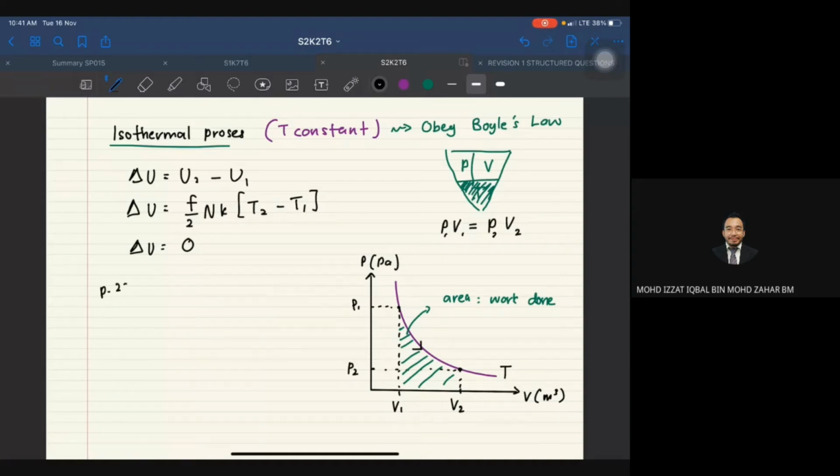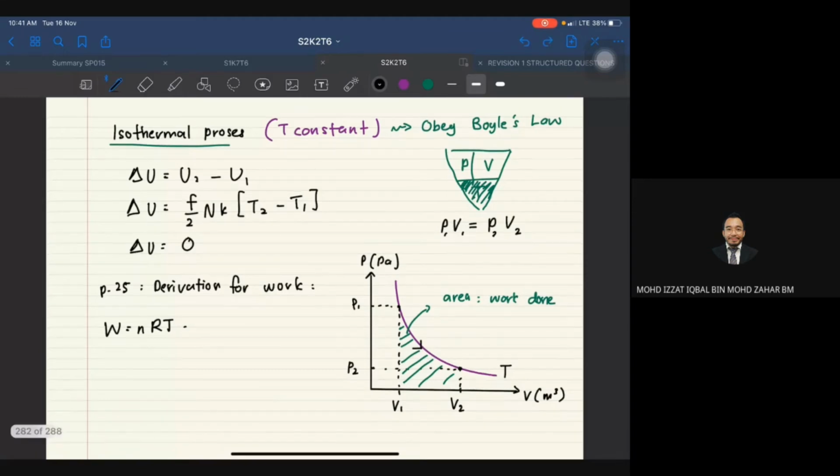Saya tak tunjuk, because most of the time you just have to use the formula. So the formula that you want to use to find the work here is equals to nRT ln(V2/V1).